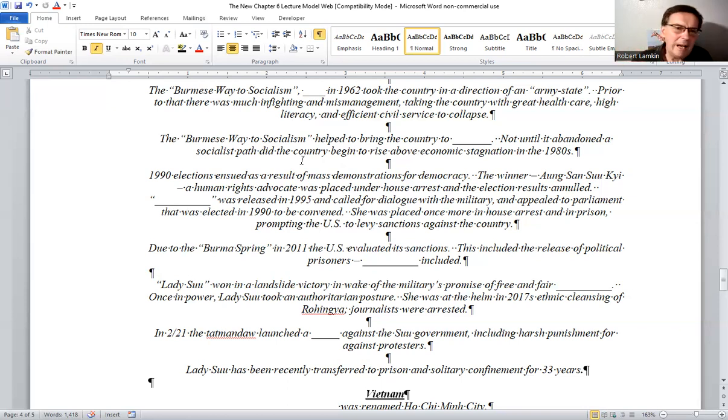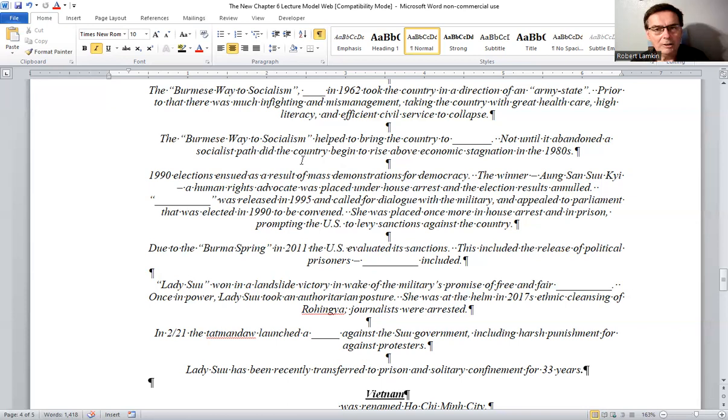Some of you have heard about the Arab Spring, the uprisings kicking out thugs and dictators in the Arab world. The Burma Spring, around the same time period, 2011, the U.S. evaluated the sanctions that they had placed on Myanmar, and this included the release of political prisoners.